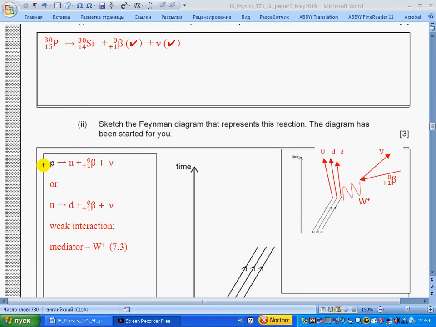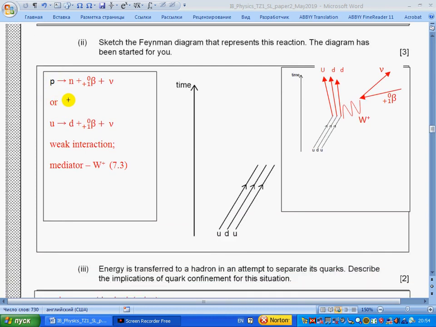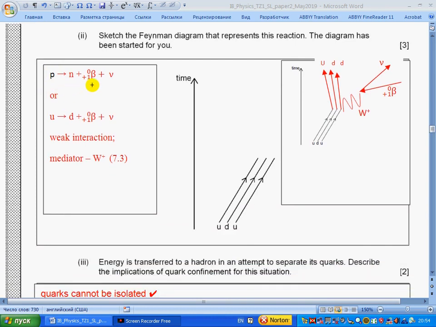Actually, one of the protons changes into a neutron, sending out a beta particle and a neutrino. Or if we go deeper, actually one of the quarks, an up quark of the proton, changes into a down quark, and a beta plus particle and neutrino.